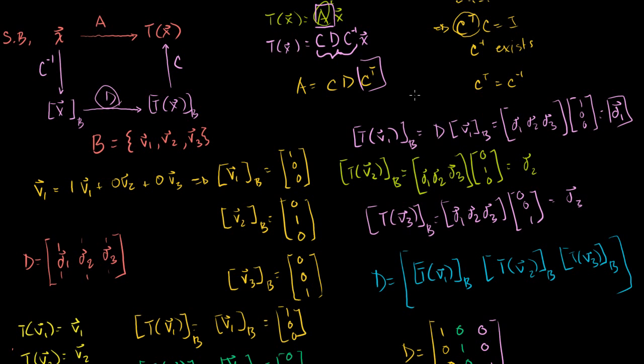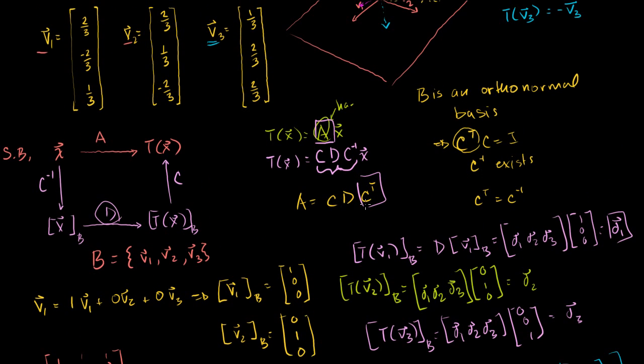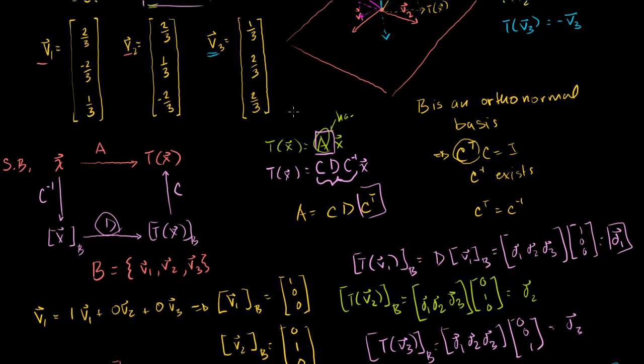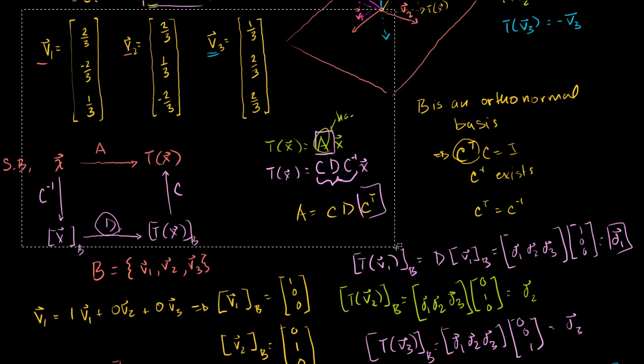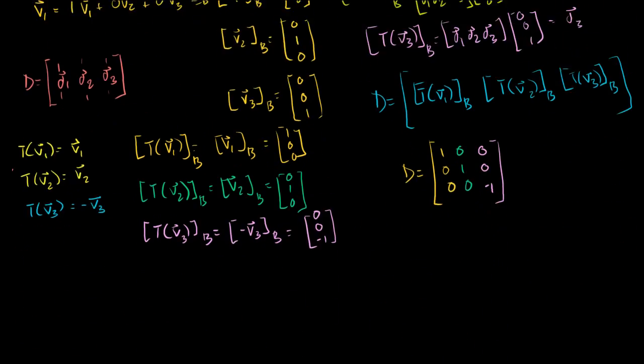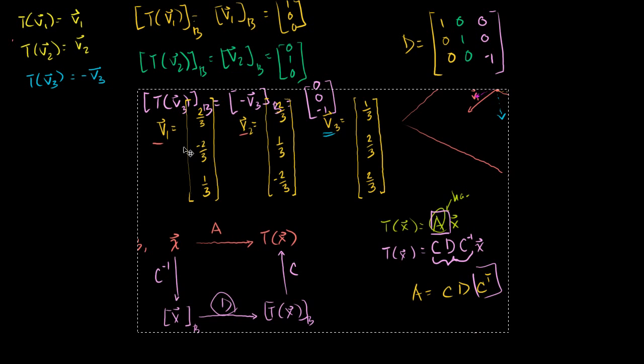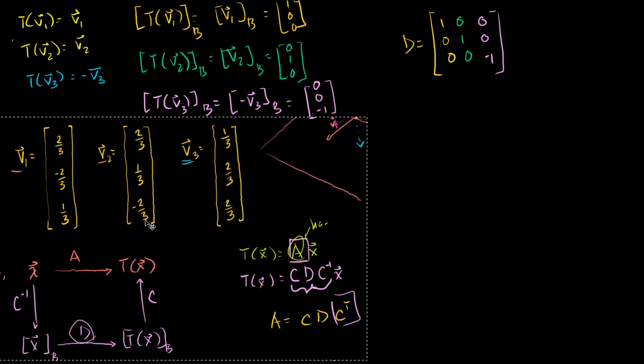So to figure out A, we can apply this formula right there with our change of basis matrix. So actually, let me copy all of that stuff. This will be useful. Let me copy all of this. Okay, copy. Let me paste it down here now that we have our D. All right, we have all of this stuff here.